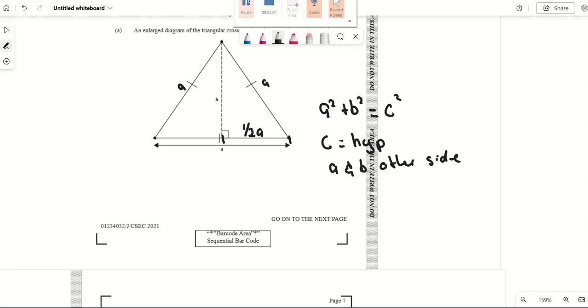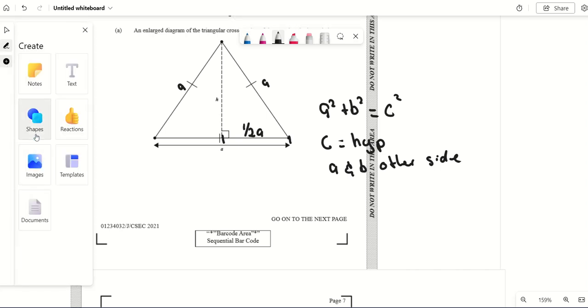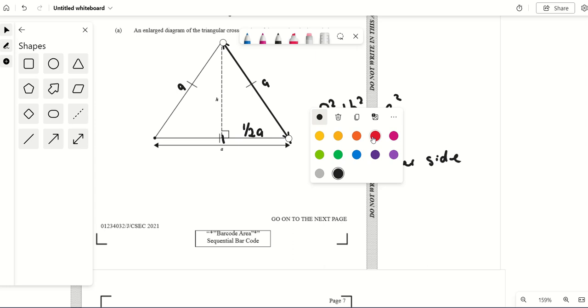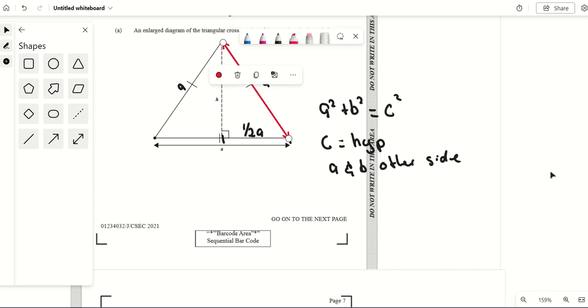Right? So if we look at this, our hypotenuse is actually, let me just draw it out so you guys can see it. It is actually this side right here. This is opposite your 90 degrees. So this arrow, let me put it in red so you guys could recognize it. That line that you see, that is your hypotenuse.